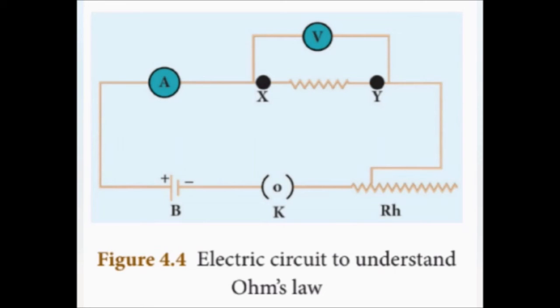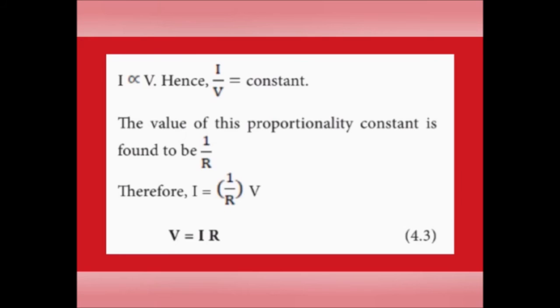That means the electric current I is directly proportional to the potential difference V between the points X and Y. I is directly proportional to V. Hence, I by V equals a constant.